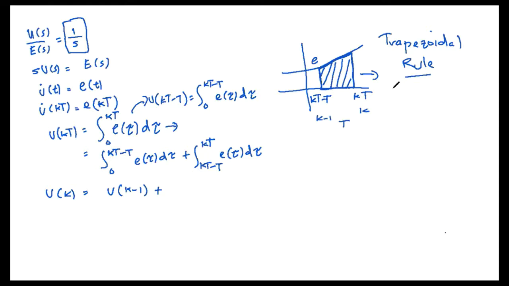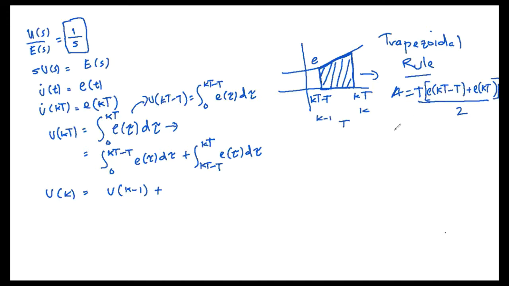So the formula for area is (a plus b) divided by 2, which is e of kT minus T plus e of kT, divided by 2, times the height or this width, which is basically T, so times T. Now let me put a square bracket around it.